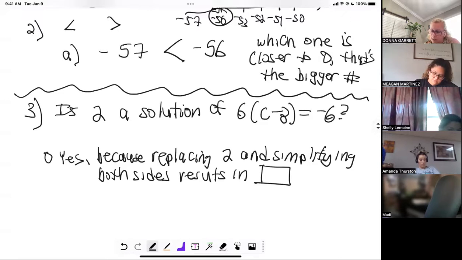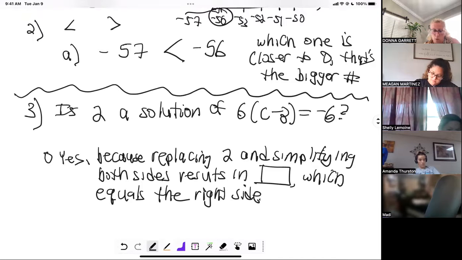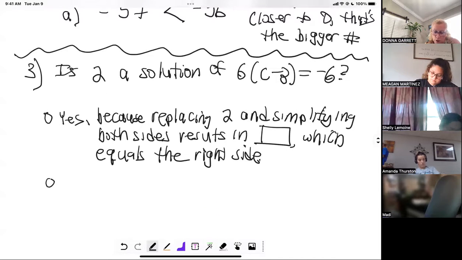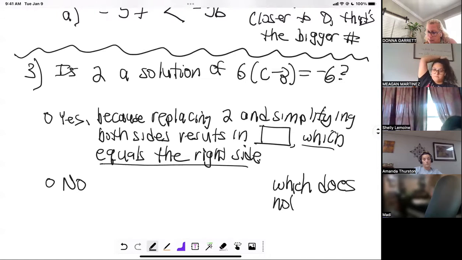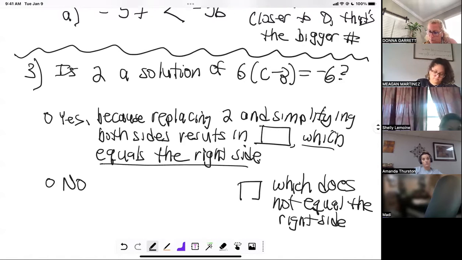And once you put something in the box, which equals the right side, or it will say no, the same thing, which does not equal the right side. And there's a box here too. Same exact wording in the front.